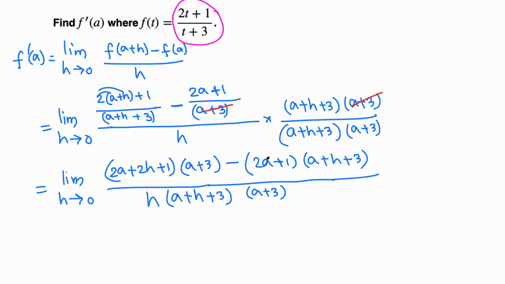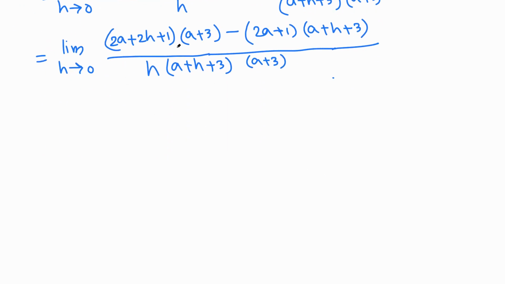Okay, so we multiply here. Let me show you here. Let me do it separately, because there is a lot of algebra involved here. So this part, and we'll come back here, 2a plus 2h plus 1 times a plus 3. Bottom has no problem, we don't have to multiply because we are trying to combine these two terms.